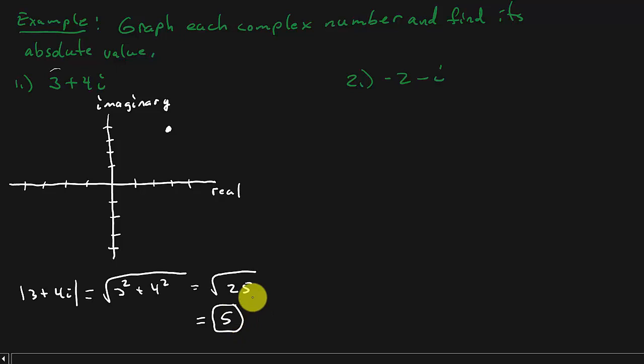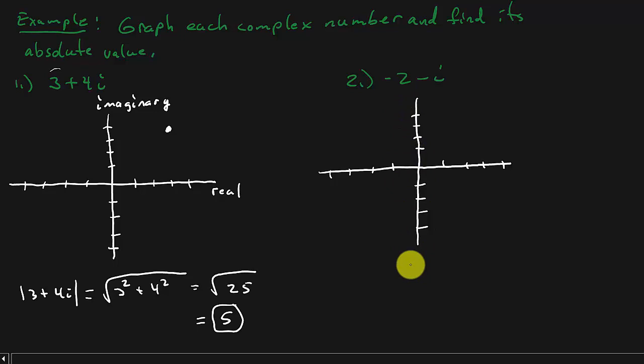Now let's look at the next one. We're plotting the real part and imaginary part. Remember, the horizontal axis is the real axis, and the vertical is the imaginary axis.